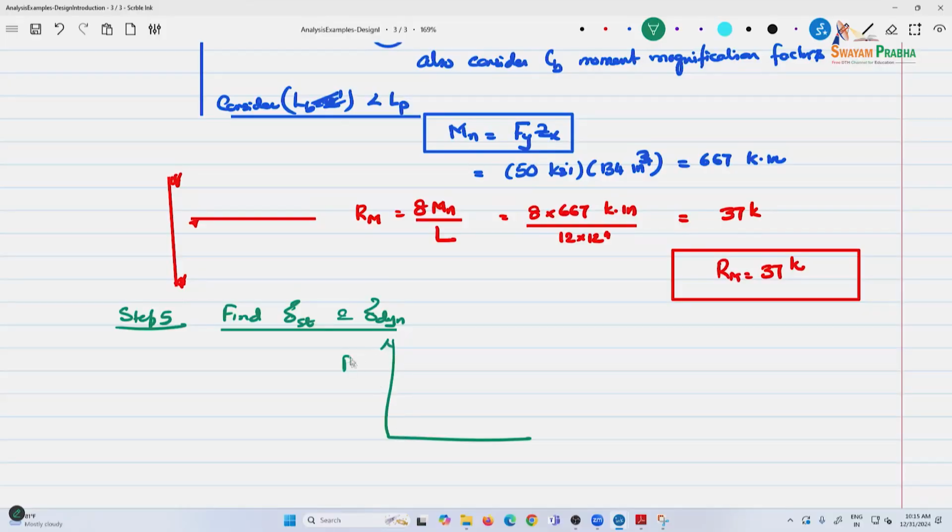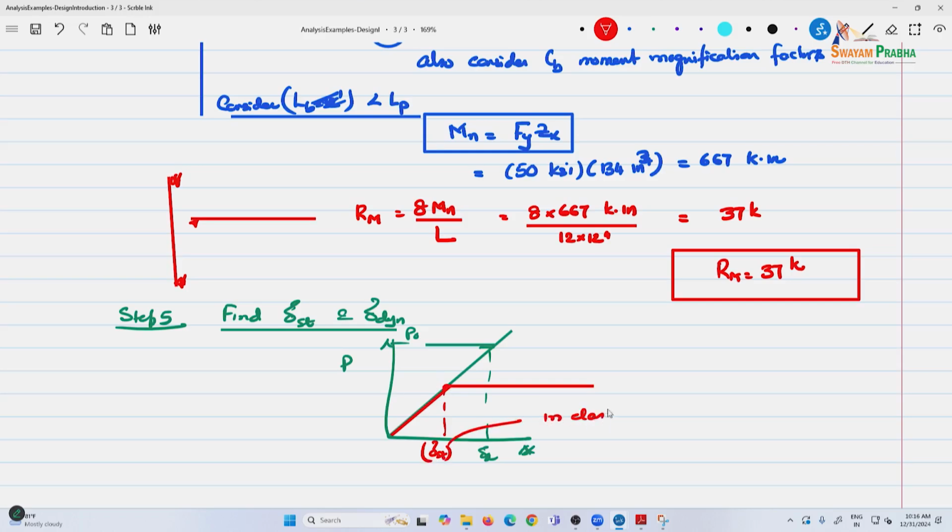If this is P versus delta, P naught by K gives you delta static here. But if your resistance is restricted, you really cannot go beyond this point. So, this should be your delta static in elastoplastic analysis.